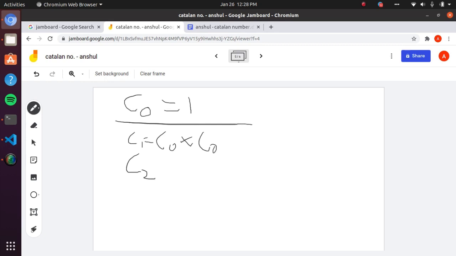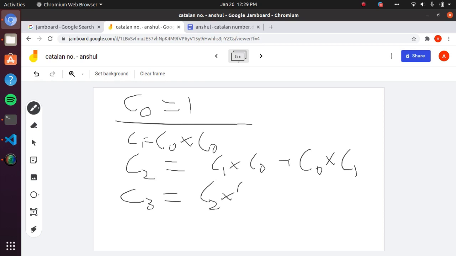What is C2? It's C1 into C0 plus C0 into C1. What is C3? It is C2 into C0 plus C1 into C1 plus C0 into C2.